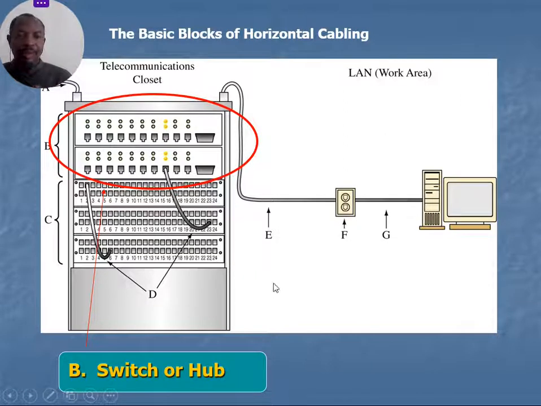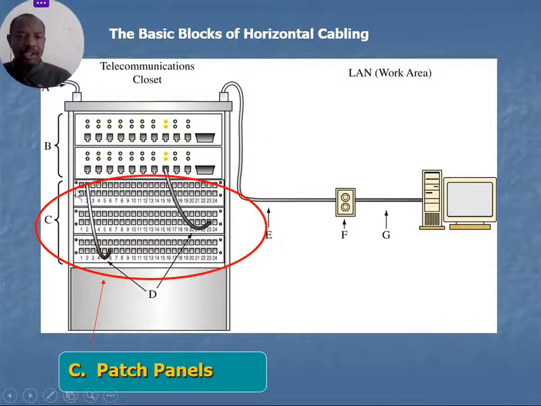Okay. Now the next one, the C, this segment is called the patch panels. In the patch panels, you bring from your hub or from your switch to the patch panel. You're going to use a patch panel cable to bring a connection from the switch to this patch panel area.